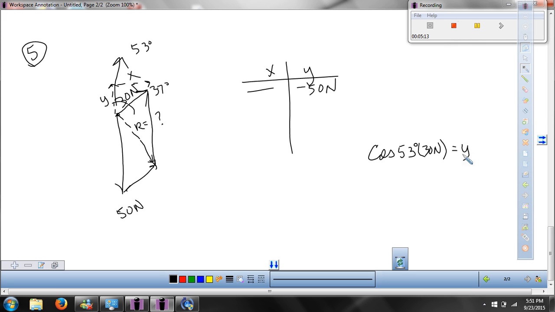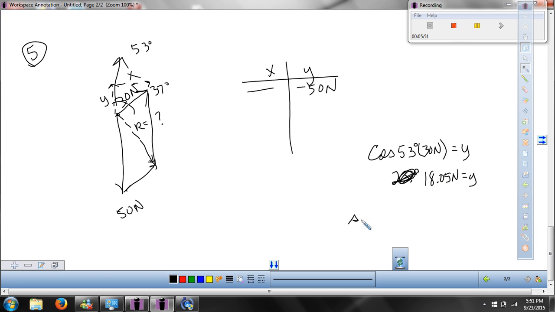And when I did that, I got 18.05. Cosine of 37 degrees times 30 newtons. No, I'm lying to you. It's 23.9. Okay, cosine of 53, sine of 37, same thing. So that should have been 18.05, which is what I tried to tell you all.